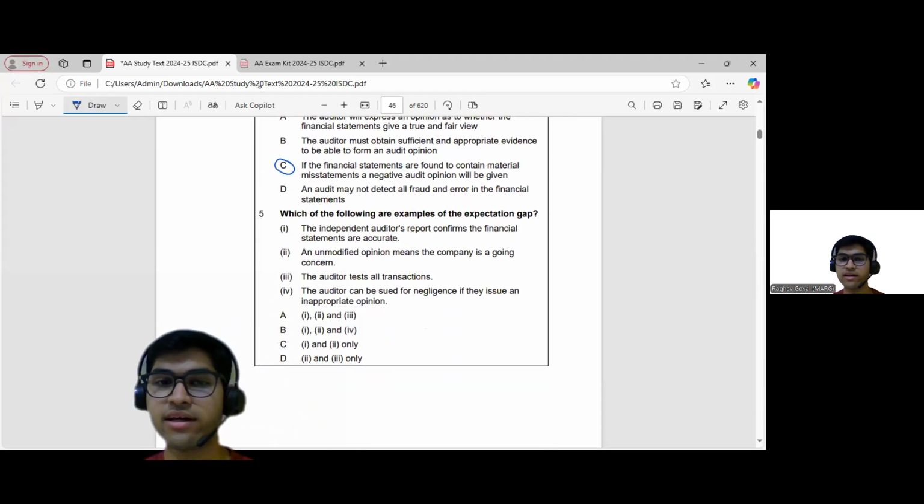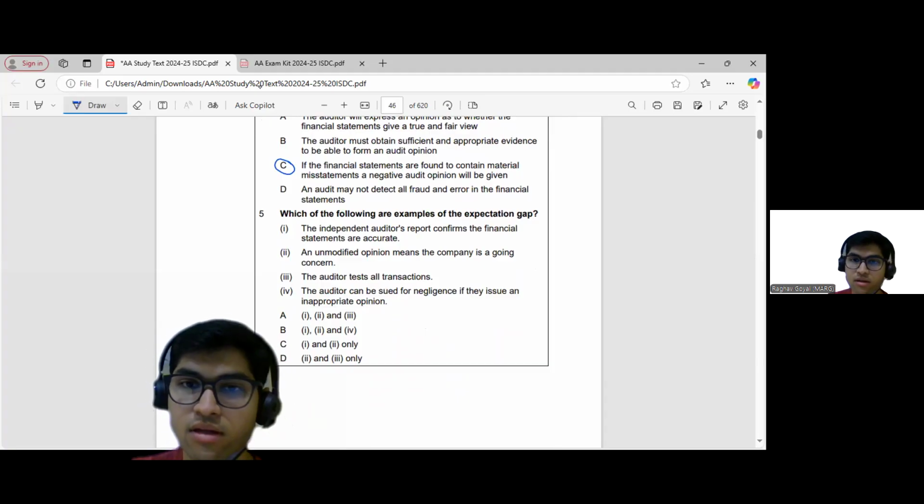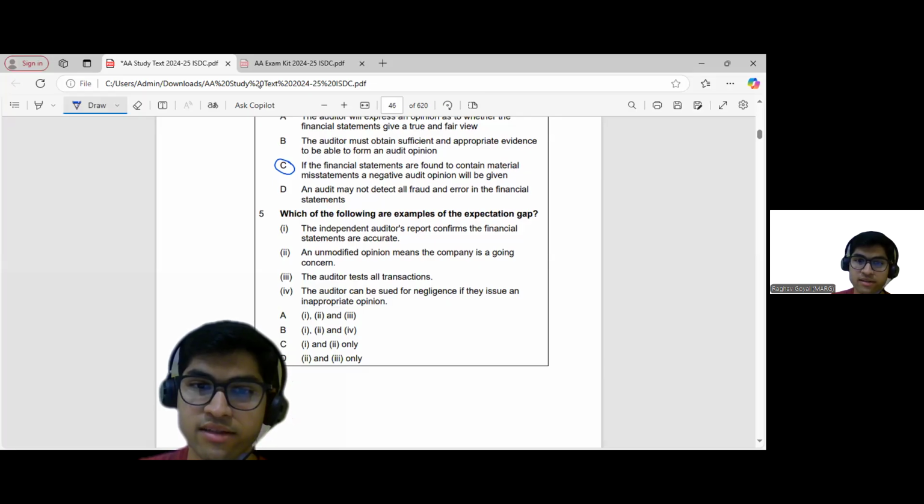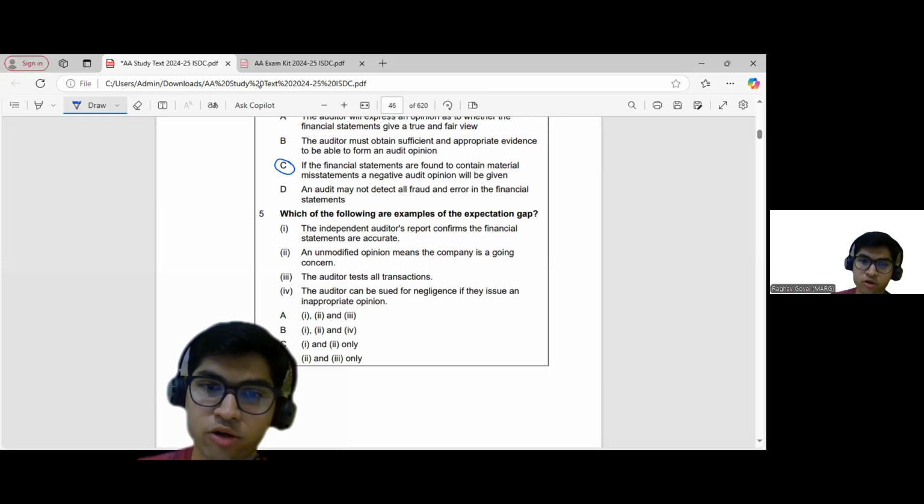Then which of the following are examples of expectation gap? One is the expectation gap. So if you see, 2 and 3 options will be eliminated as 1 is not there. Then the third option is also an expectation gap. So options with 1 and 3 will be the right answer. I guess only option A has 1 and 3 together.